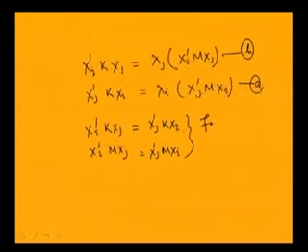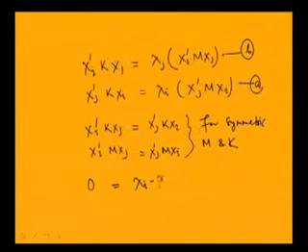So, this is for symmetric mass and stiffness matrix. By subtracting A from B, the left side becomes 0. So, 0 equal to lambda_i minus lambda_j into x_i' m x_j.